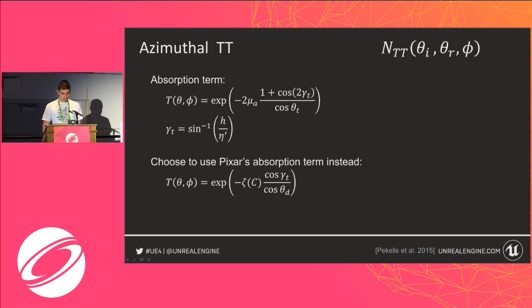The absorption term is this function here that was in Weta's paper. We chose to use Pixar's absorption term instead because we found the look to be a bit more pleasant, especially for the TT term. C in this equation is the base color of hair.